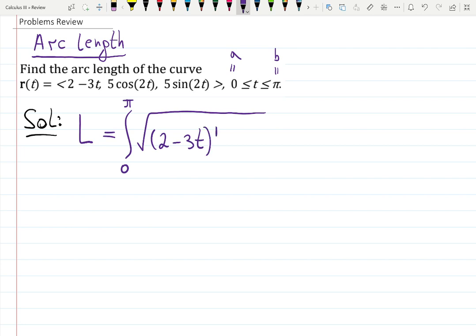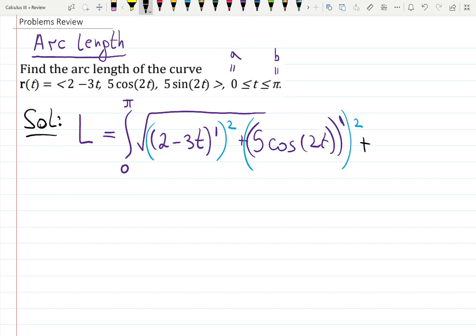So we will need to differentiate and then square. The first component, differentiate, and then prime. I'll put here prime, and then square the second component, and the same thing with the last one.